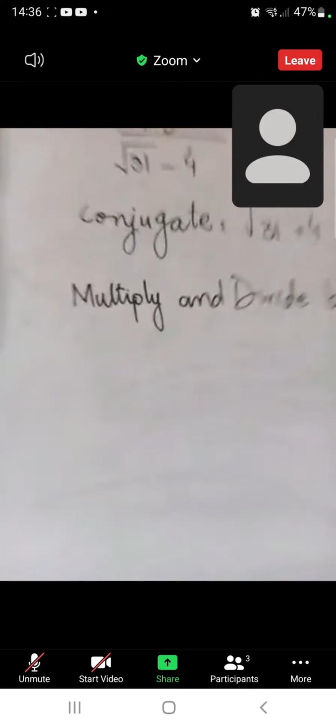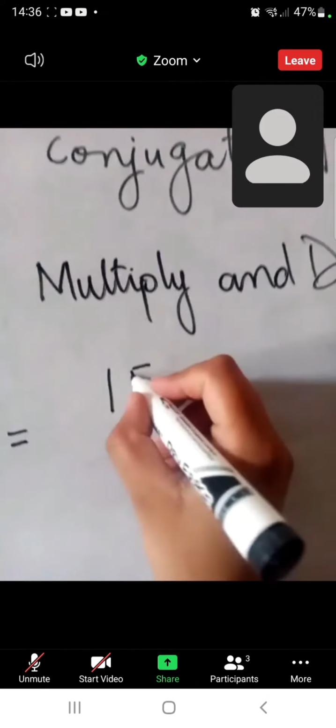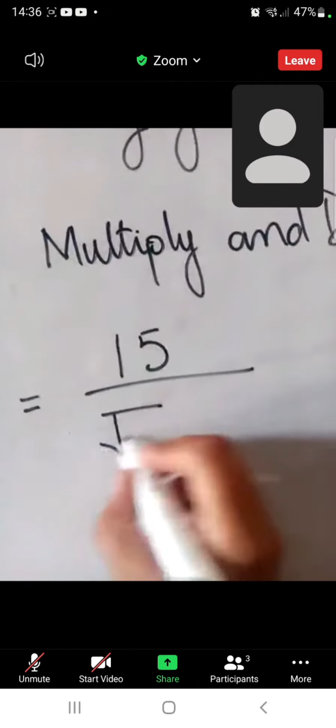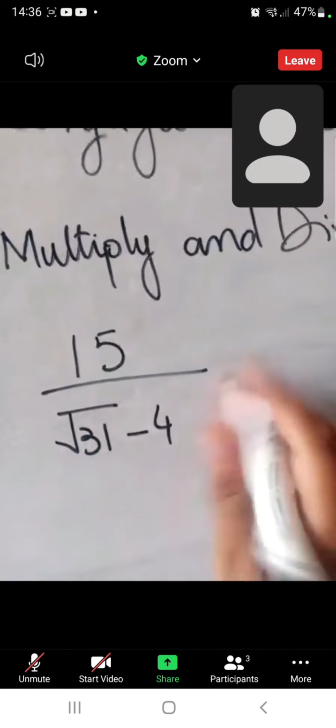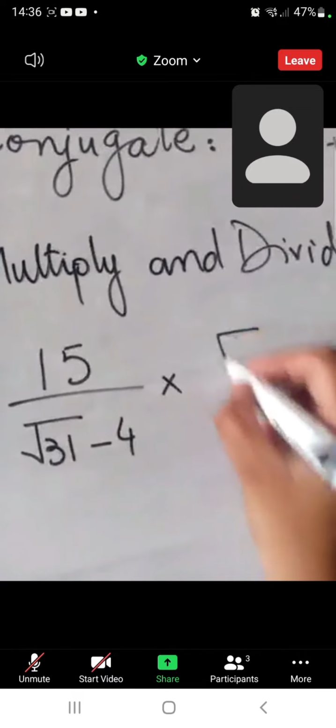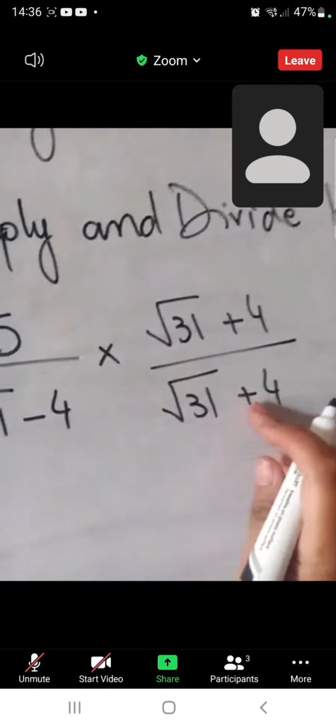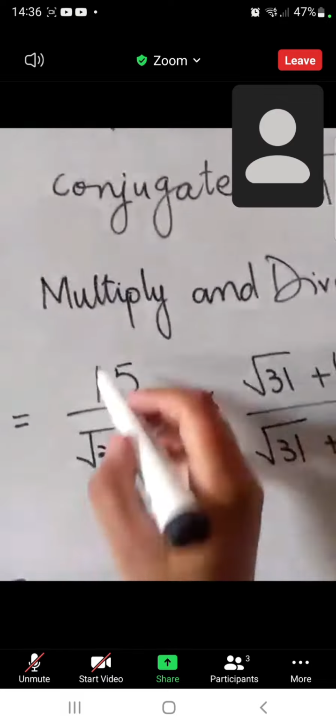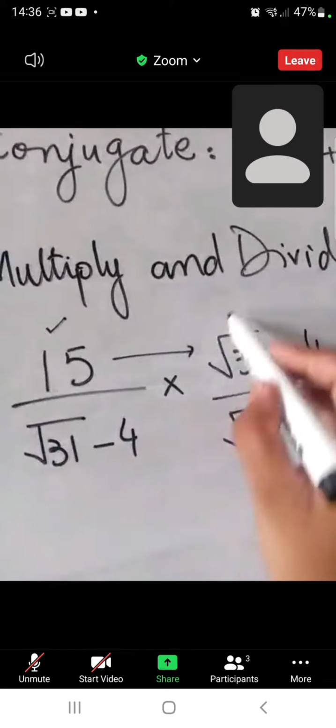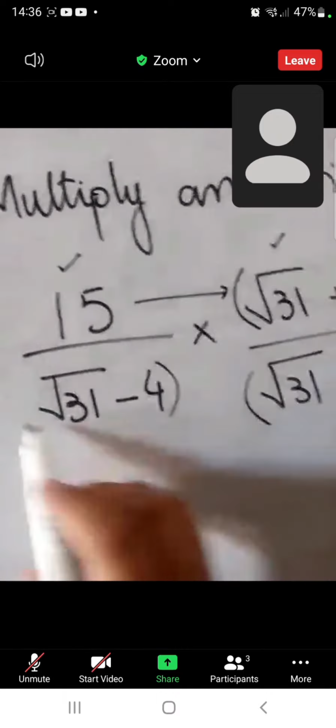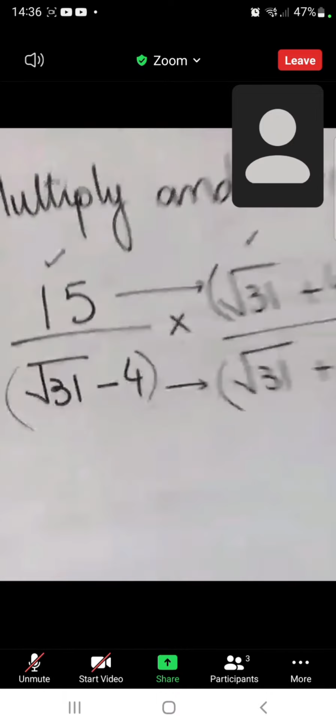Okay. Now write down the question as it is: 15 divided by square root 31 minus 4, multiplied by square root 31 plus 4 divided by square root 31 plus 4. Now the numerator's term will be multiplied by the numerator's term and the denominator's term by the denominator's term.